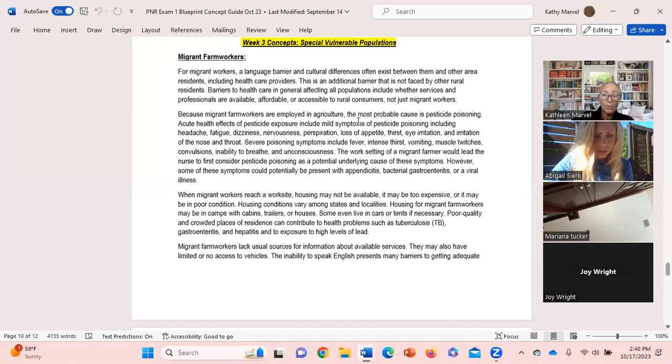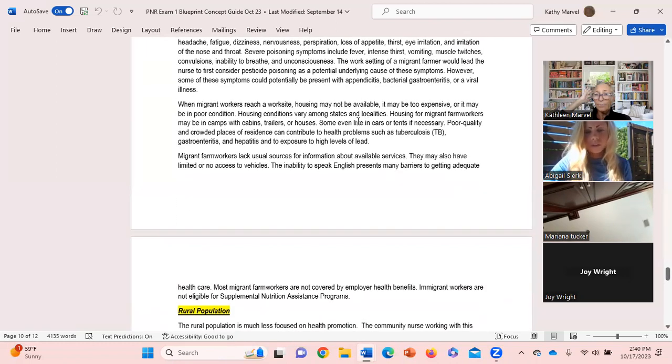Review of the work site or the housing: migrant workers' housing may be in poor condition, unsanitary. Housing could be in camps, trailers, tents, or cars. The poor quality and crowded places could lead to potential exposure to TB.